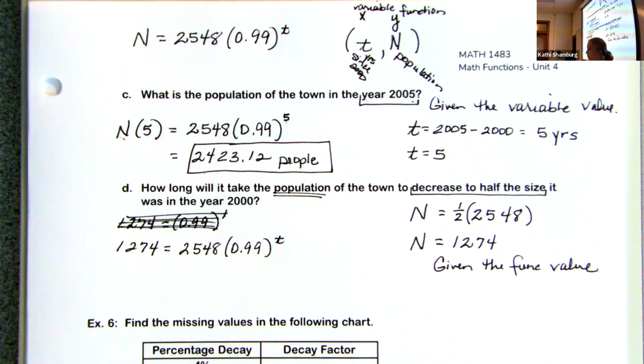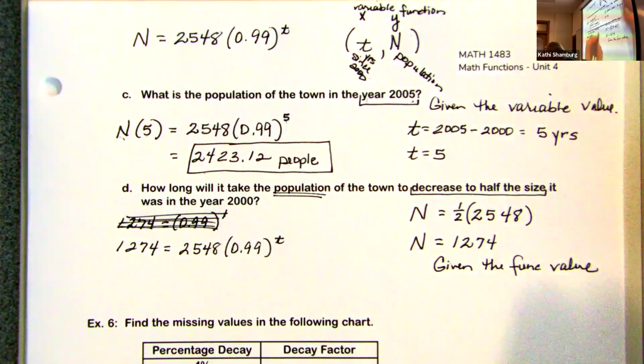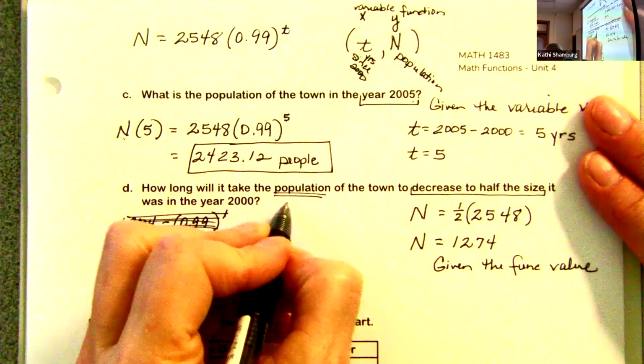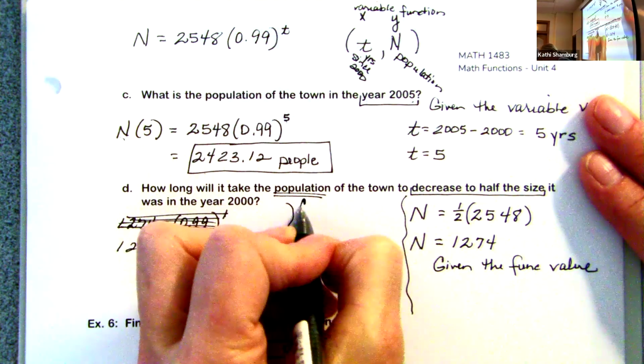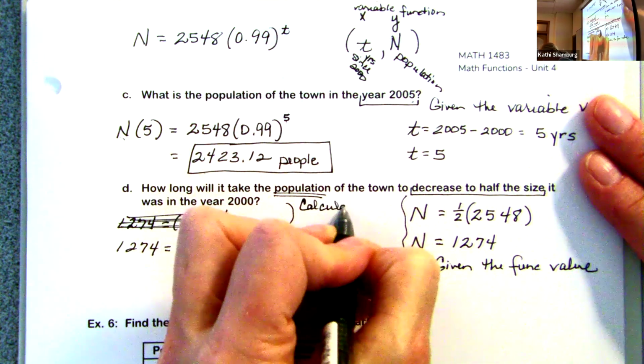We're not going to do that in here. So where do we go if we're not going to solve it algebraically? What do we use? The calculator. So I'm going to put in here, we're going to use the calculator.